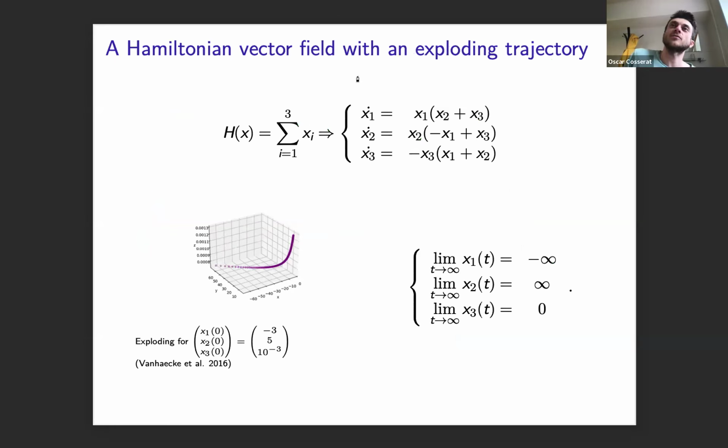Remember that an example of a Hamiltonian system I gave for this cluster Poisson structure is provided by H of x equals the sum of the xi. Then we obtain this Lotka-Volterra dynamical system.